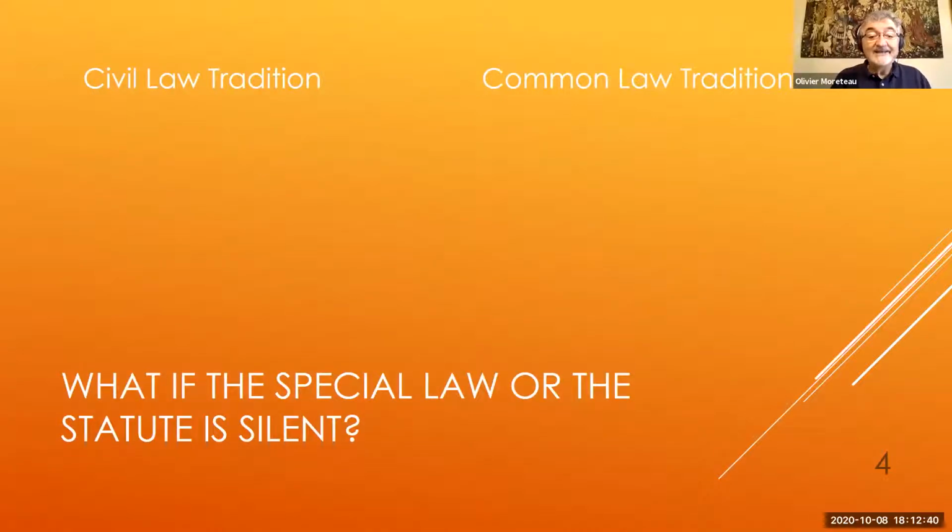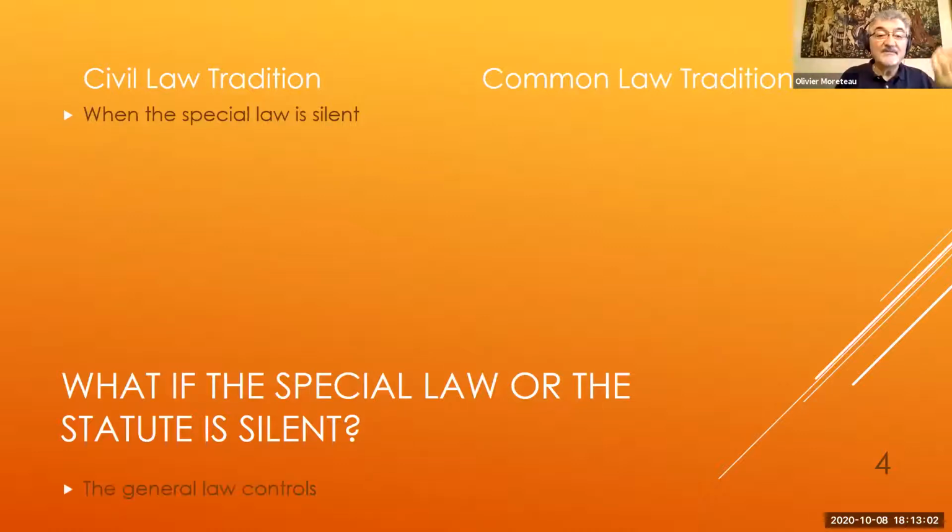And here I'm going to put in perspective the response of the civil law and the response of the common law tradition. Because the problem occurs on both sides of the dividing line. In the civil law, when a special law is silent, I mean a special code or special legislation, you go back to the general law.